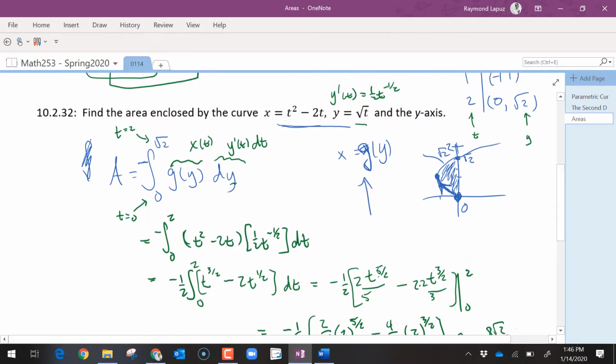By the way, this is an interesting problem. This g of y, I said, well, who knows what g of y is?